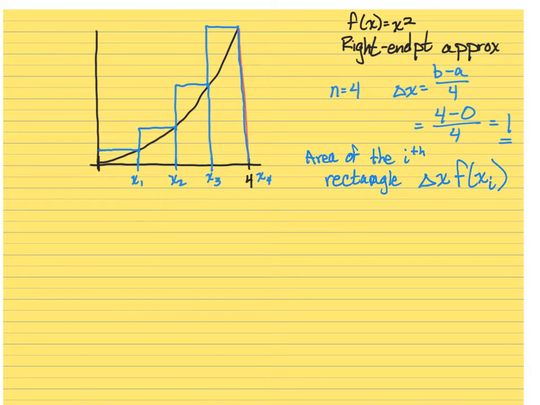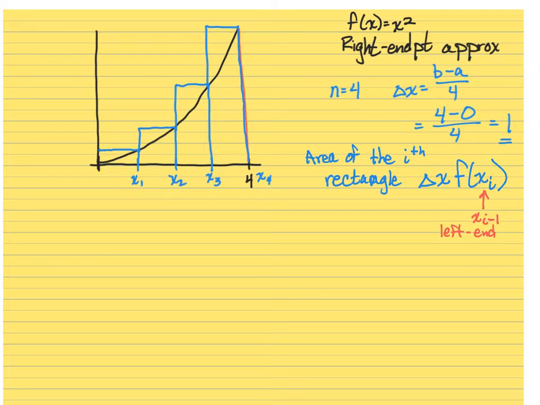And that'll give you the height of the ith rectangle. If this was the left end rule, this would be x sub i minus 1.